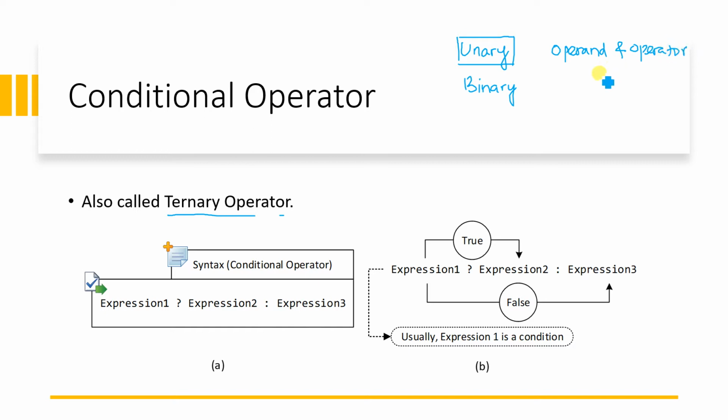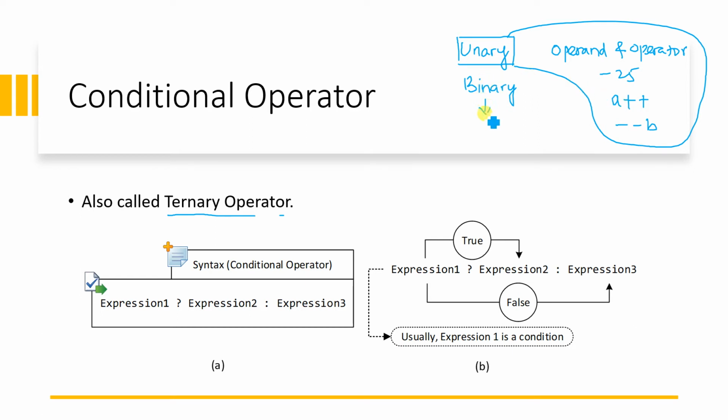For example, minus 25, where minus is a unary operator. Similarly, a plus plus or minus b are unary operators, where one operator along with one operand will be there.